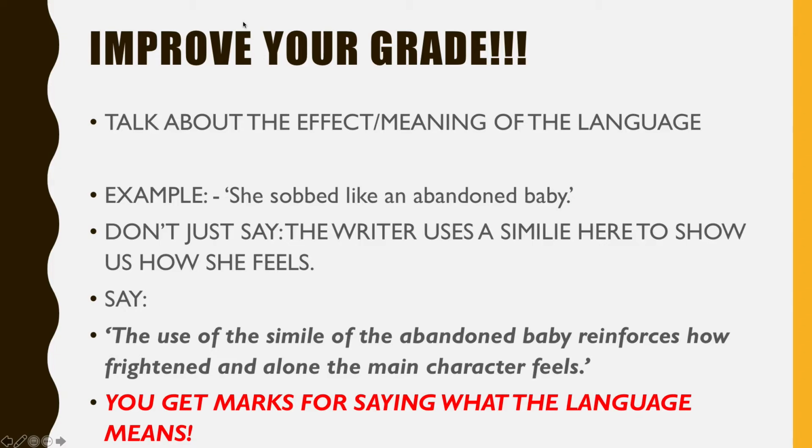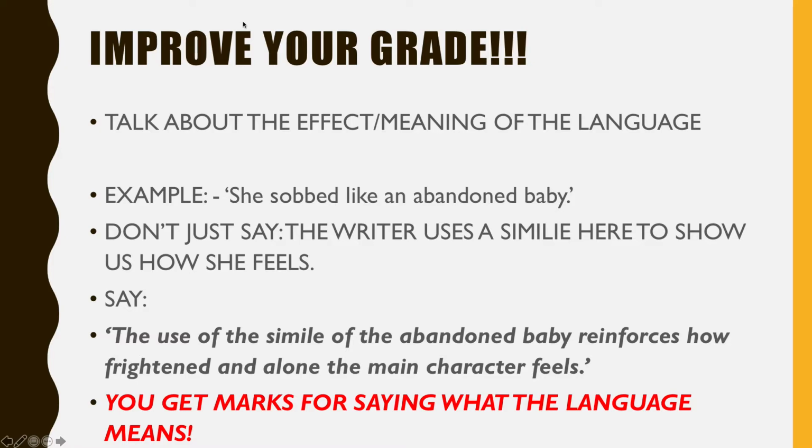Okay, so a couple of things just to remember. In order to get a good grade, it's really important to talk about the effect and the meaning of the language. So for example, say you've picked out the phrase, "she sobbed like an abandoned baby." Don't just say, "The writer uses a simile here to show us how she feels."